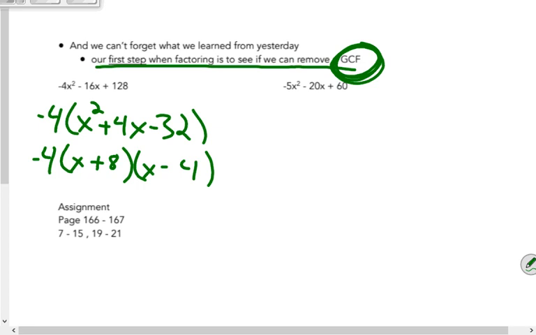It's 6 and 12. Good. Just make sure you put the negative 5 up here. You just can't get rid of it. But that's great.